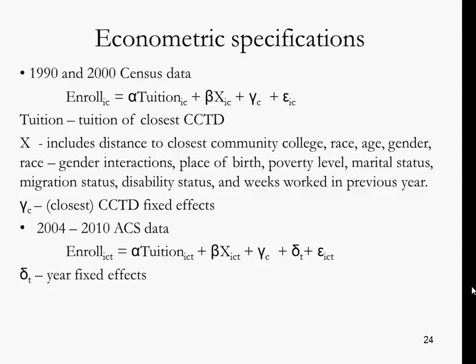Now, we've done it a couple of ways. We've assigned either the closest community college taxing district boundary, and we've also assigned the closest community college and the taxing district that that's in, and we get fairly similar results. So this is going to be just the closest to whatever the closest boundary is the one that we'll assign to you.